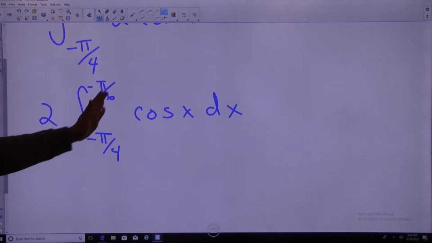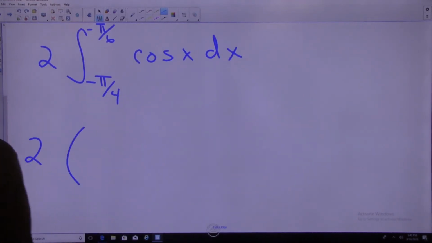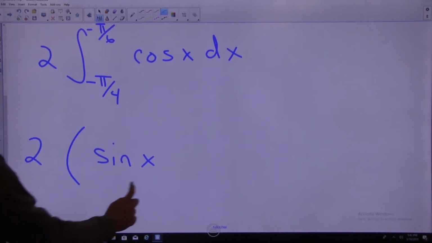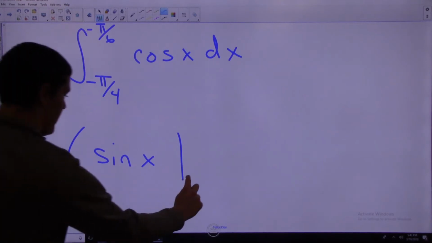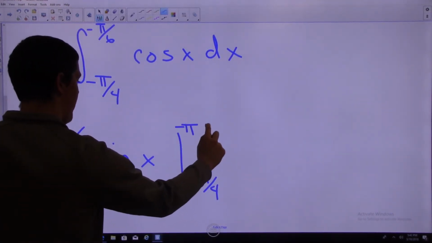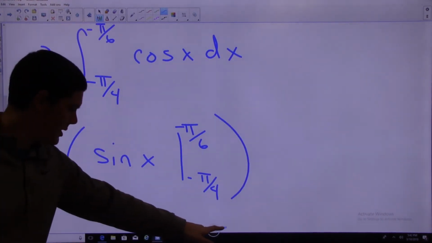Now, all we've got to do is find the antiderivative. Well, we've got the formula for it. The antiderivative of cosine is sine. So it's going to be 2 times parentheses sine of x, and then we want to evaluate sine from negative pi over 4 to negative pi over 6. So let's get started.